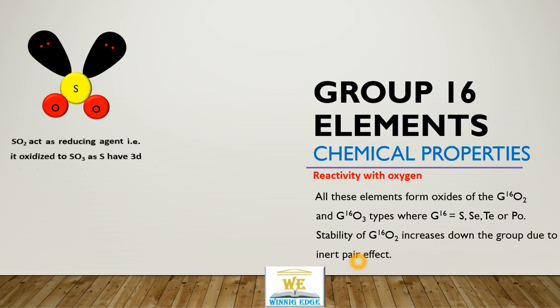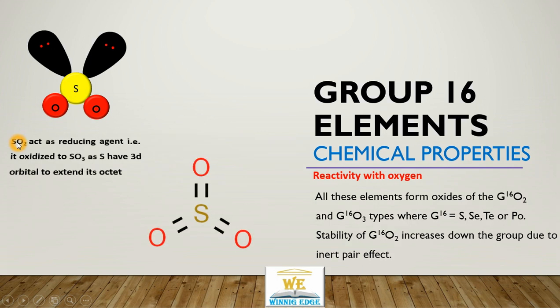Sulfur dioxide acts as a reducing agent, meaning it can oxidize itself further to the +6 oxidation state. The reason is that S has 3d orbitals to extend its octet, which allows it to accept or lose electrons or accept ligands from other elements.